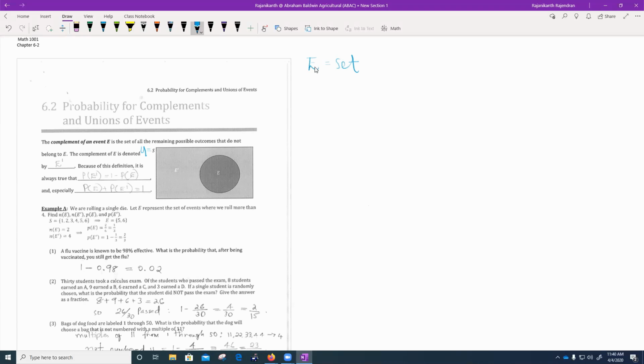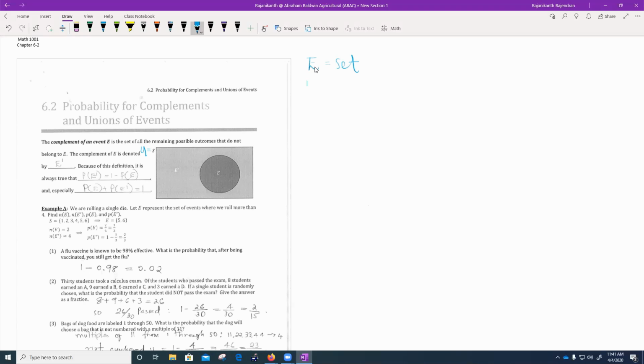So there are very useful formulas we have here. The probability of any event E prime, the complement of event E, is given by 1 minus P(E). If you move this P(E) to the left, you will come up with this formula. Altogether, we have three formulas for the complement of an event.